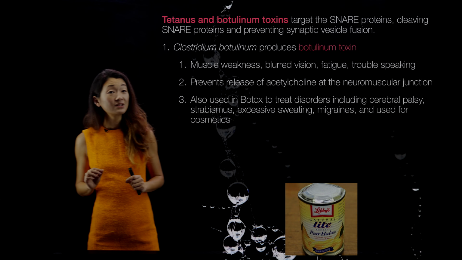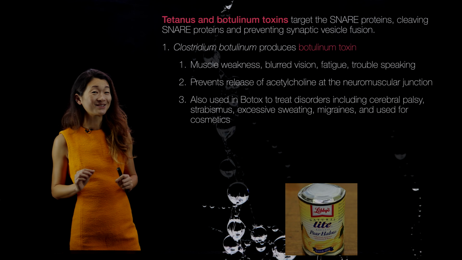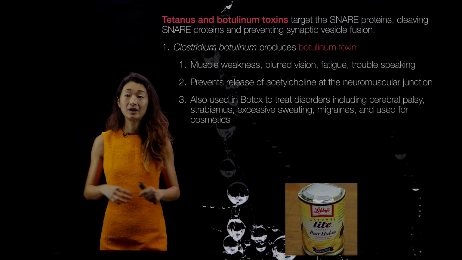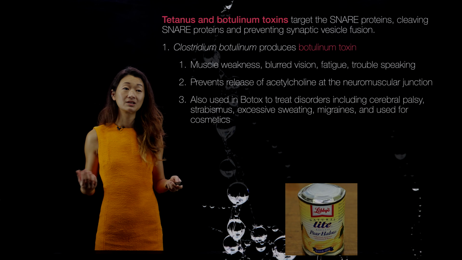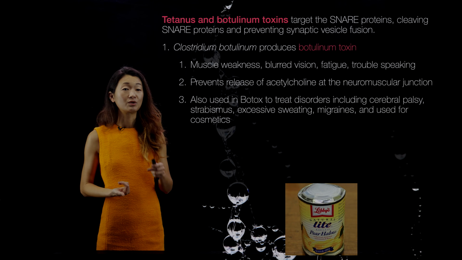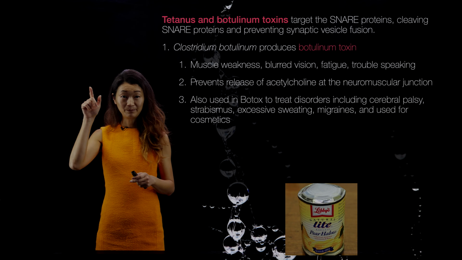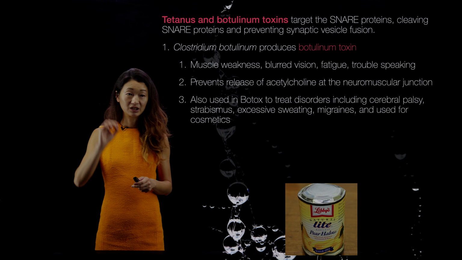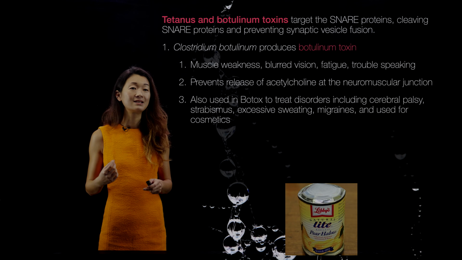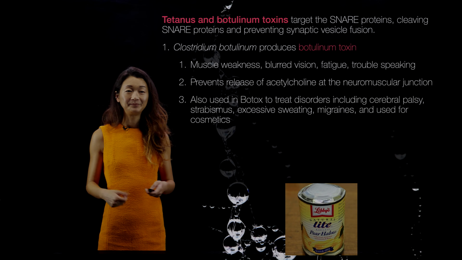In small doses, the botulinum toxin is also used in Botox to treat a variety of disorders, including cerebral palsy, strabismus, your inability to control the orientation of your eye, excessive sweating, migraines, and it's also used cosmetically.